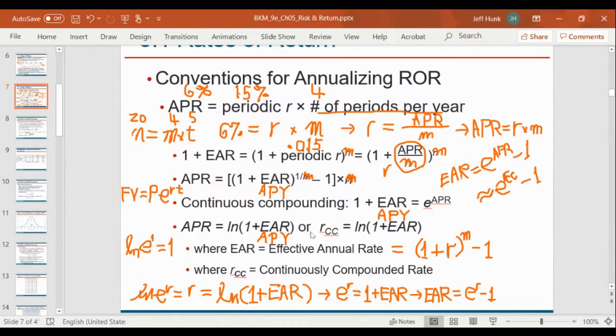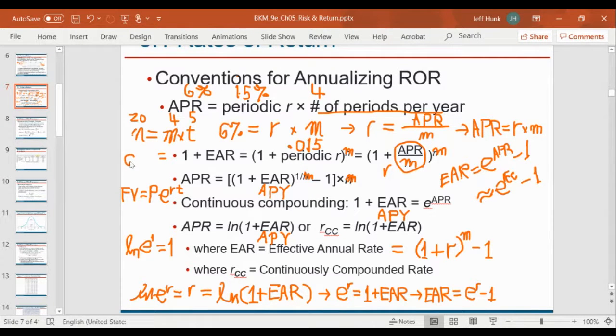Then, obviously, by the end of the year, the actual result will be greater than 6%. It won't be exactly 6%. It's going to be something like 6.14%, and you can easily verify that.